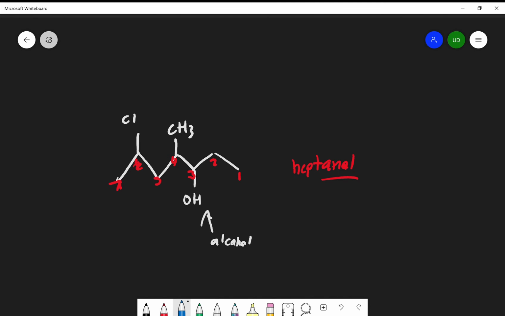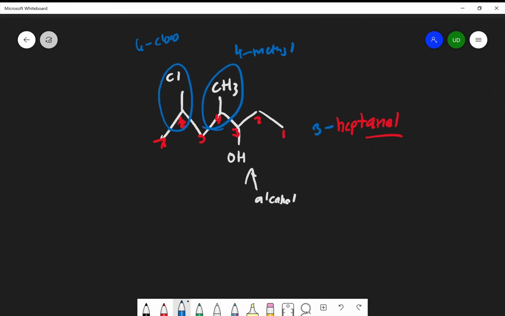So since we're here, we get to circle our other substituents. We have one on 4 and we have one on 6. And the 4 is just a methyl, so it's 4-methyl. And on 6, it would be 6-chloro. So you want to get these by alphabet order, and of course C comes first.